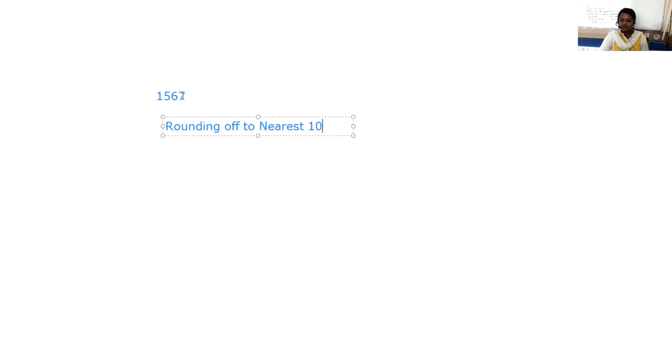The next number after 6 is 7, which is greater than 5. So I need to round off this number to 1570. 6 would be added with one digit, that is 6 plus 1 is 7, followed by 0. So this we have changed to the nearest 10.